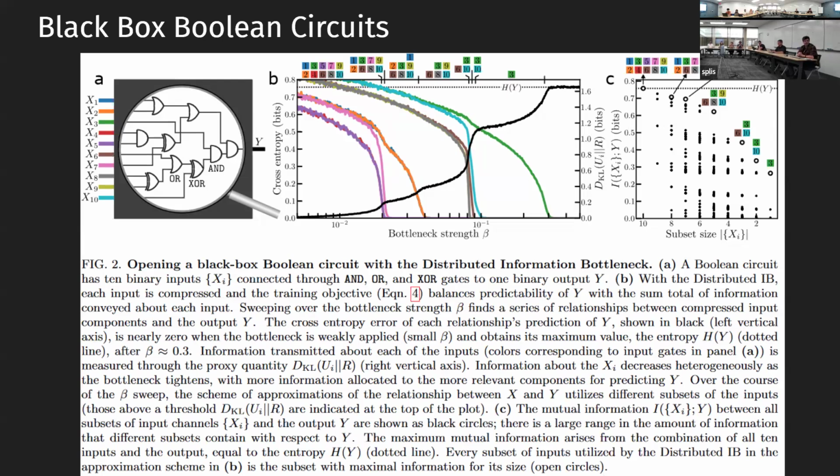And they show the information transmitted about each of the inputs, each a different color on this graph, measured through the KL divergence. You can show that it decreases heterogeneously as the bottleneck tightens, depending on which part of the circuit you're looking at. So if I just had this circuit and I didn't know its structure, just by looking at the various inputs into the circuit, I can get heterogeneous information about how that circuit is composed by looking at this information bottleneck.